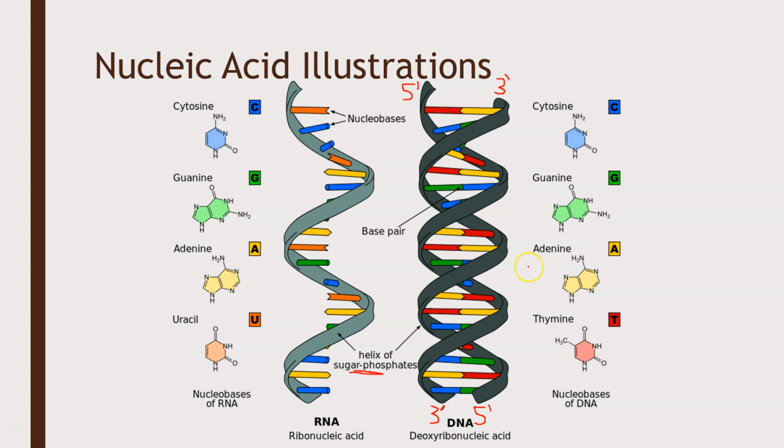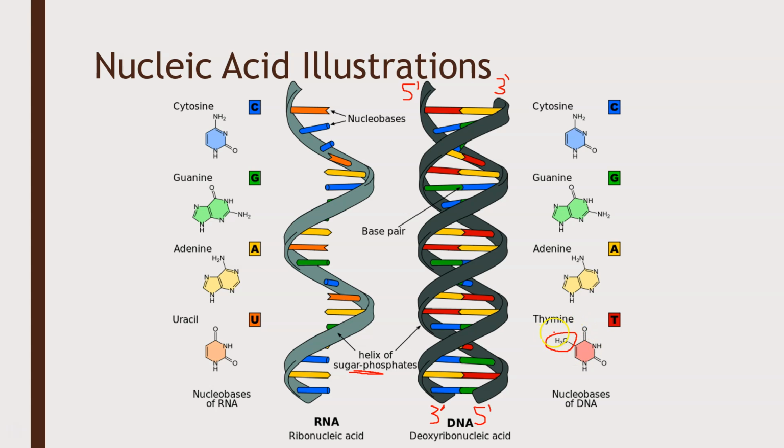All right, now here are the structures of the nucleotide bases. As you can see, cytosine, guanine, and adenine are shared by RNA and DNA. Thymine and uracil are different. What I want you to notice, the biggest difference between these two bases is this one side chain here.